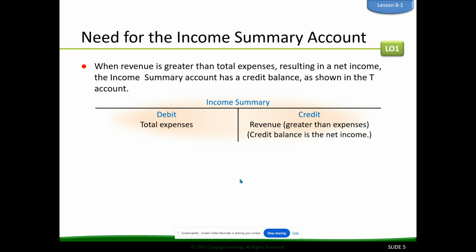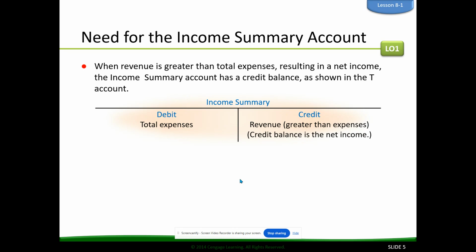So I'm going to dump my revenue in. I'm going to notice on the credit side it says revenue. And I'm going to dump expenses in. Notice on the debit side it says expenses. What do I do to a debit and a credit? I subtract them. And that will give me either my net income or my net loss, right?